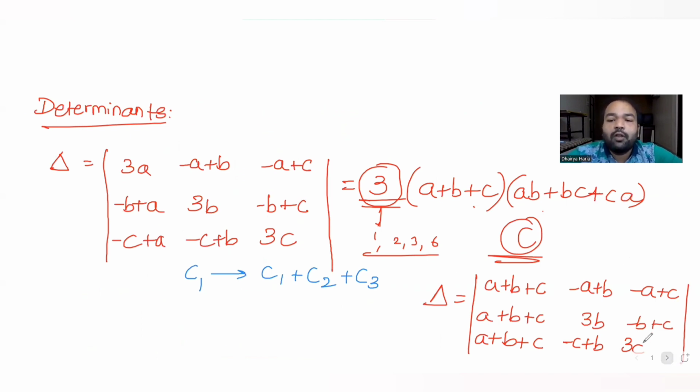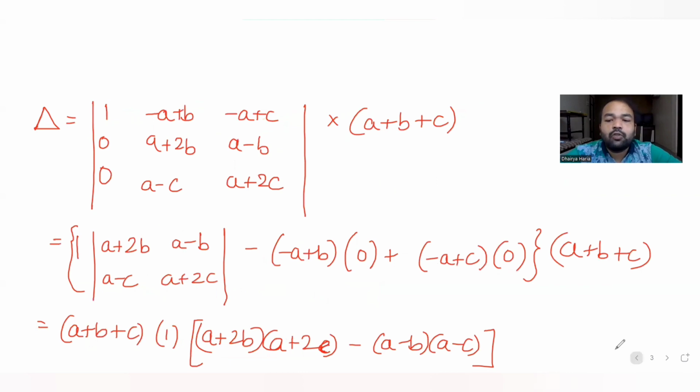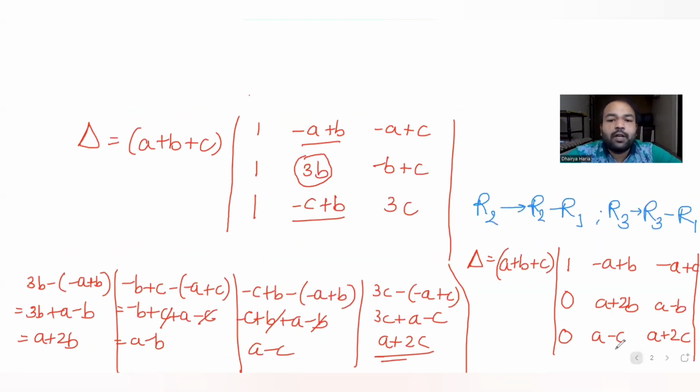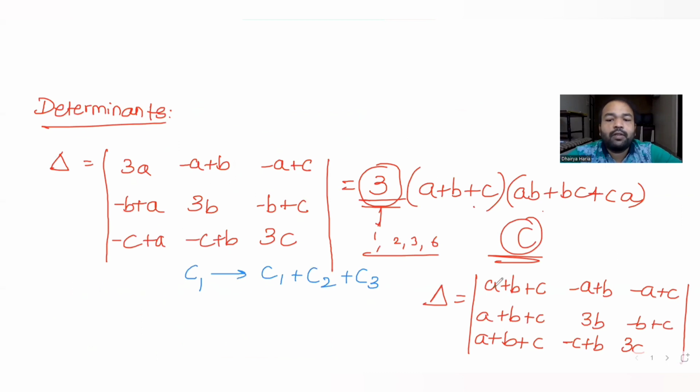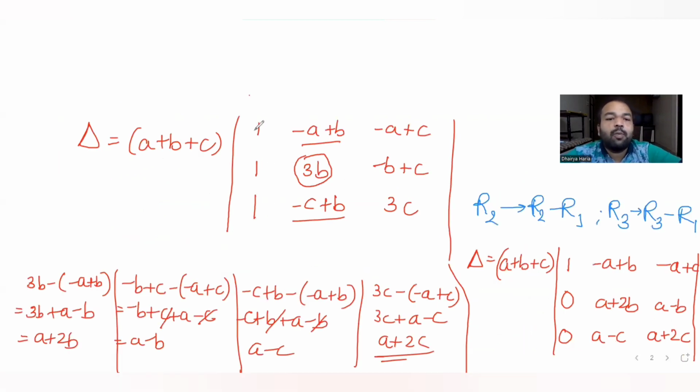I hope you have understood how to solve this question. I'll explain it in short. First we added all 3 columns into the first column. We got the same element, which we took common. Once we took that common, we got 1, 1, 1. So we tried to make it an identity-like form, 1, 0, 0.